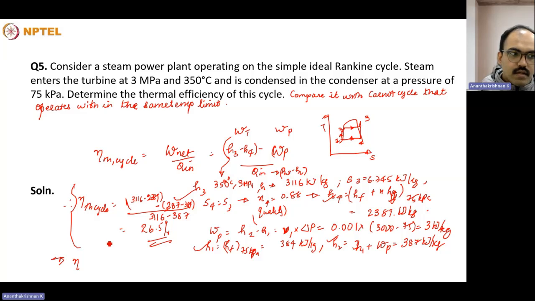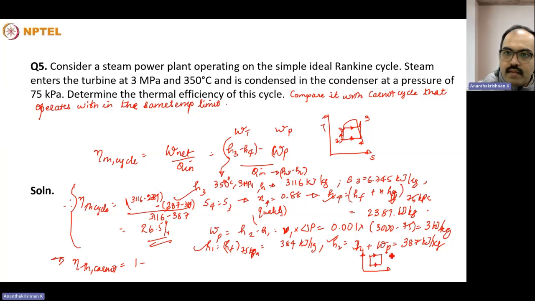It's the same algorithmic approach that we have seen in the previous questions. And then to calculate the Carnot cycle thermal efficiency, you assume that the cycle operates between two points.